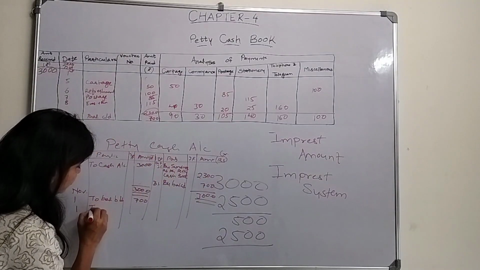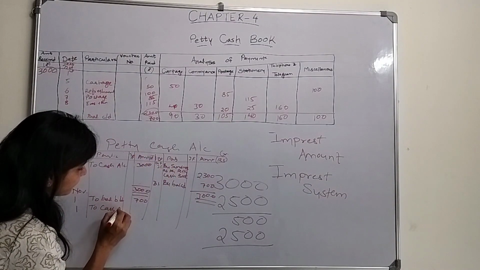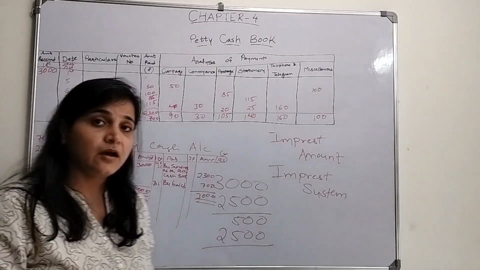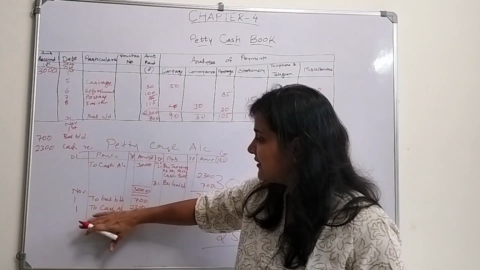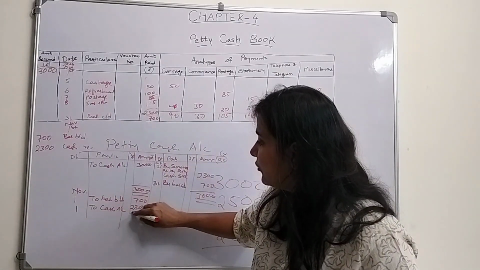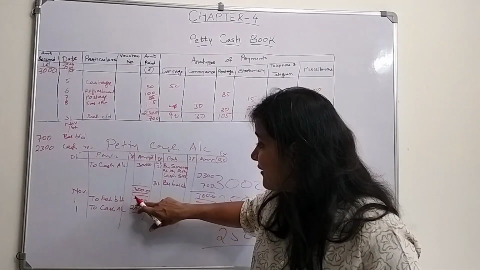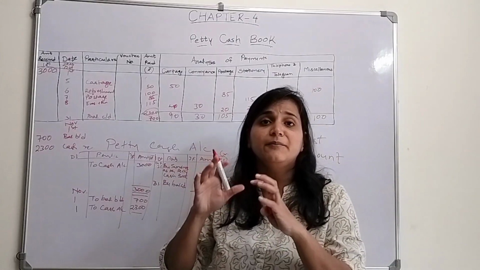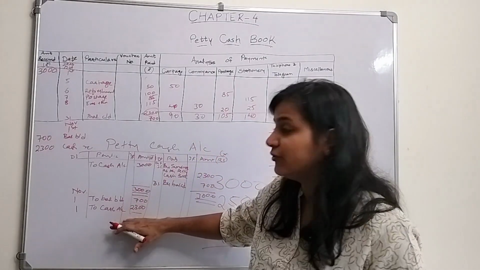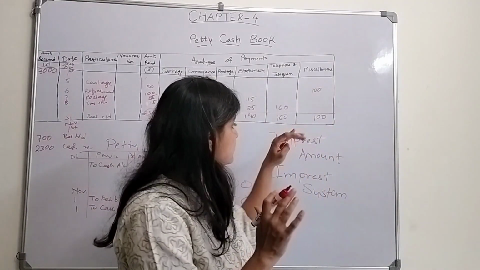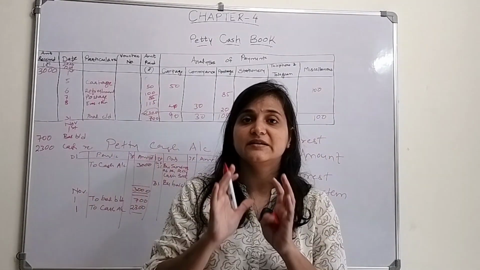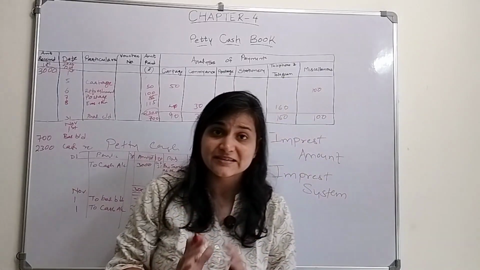So again, to cash account 2,300. This is how the entry will come: petty cash account debit to cash account, this time 2,300. 700 is the balance already remaining with the petty cashier, so the cashier will give 2,300. Understood? This is known as an imprest amount, and this whole system is considered the imprest system.